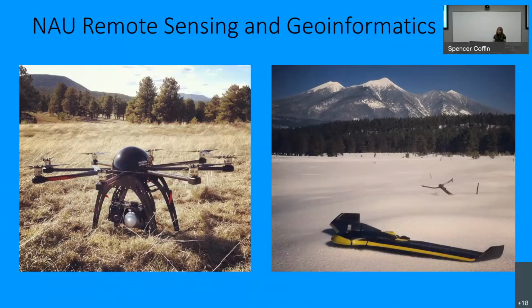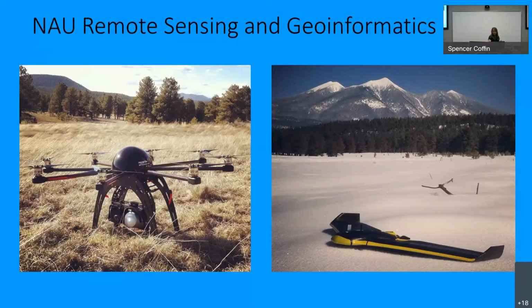Okay, so at NAU, we operate two different types of UAV platforms. One is a large octocopter UAV, and another one is a fixed-wing UAV from SenseFly. So I'm going to be talking about examples from both of these different types of platforms.